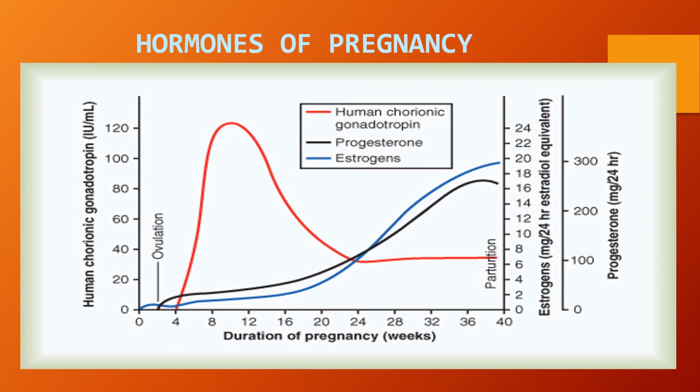This is the representation of the hormones of pregnancy. Here we have the duration of pregnancy and the levels of HCG, estrogens, and progesterone. The HCG is colored red.